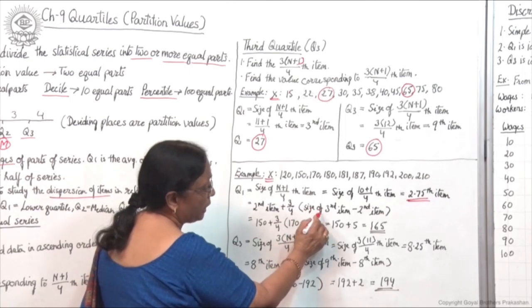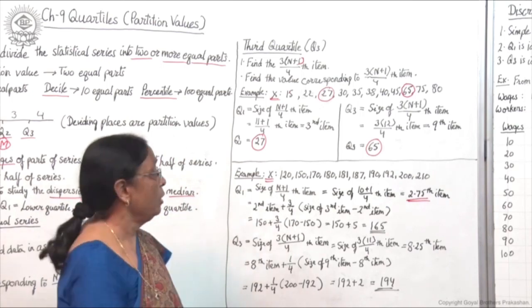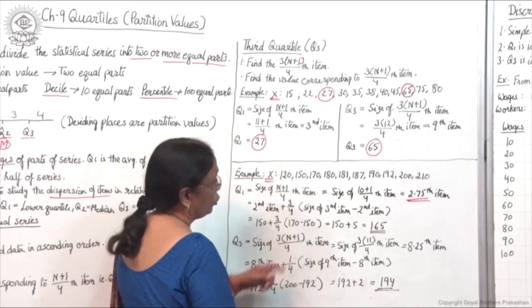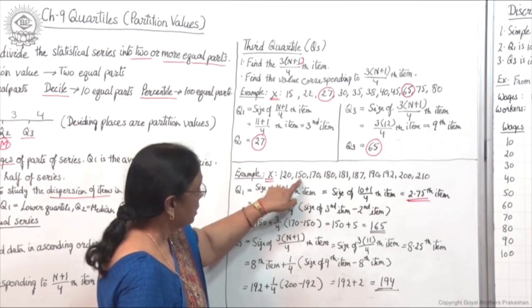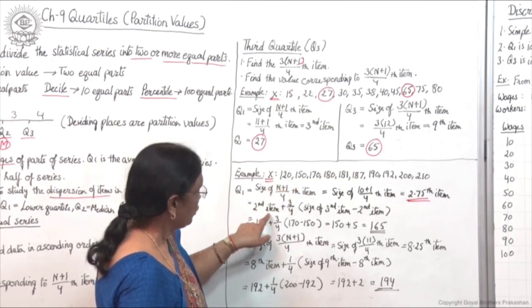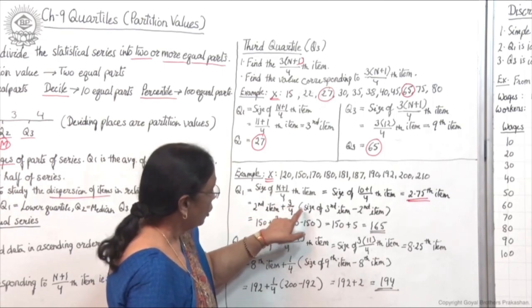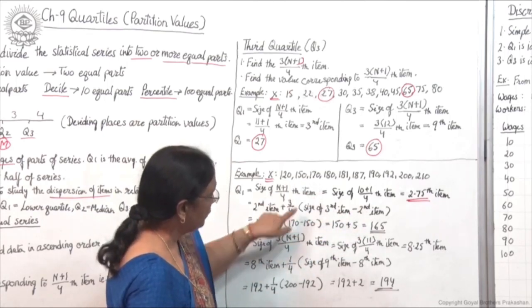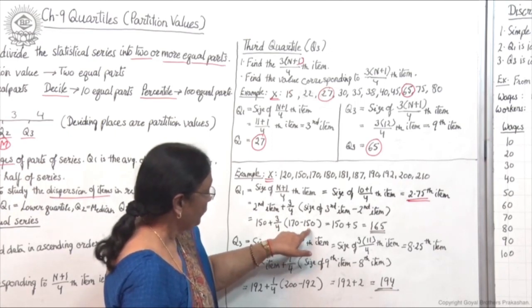Now this will be 3 upon 4 of the third item minus the second item, right? So 170 minus 150. Here the second item is 150. So in place of this write down the second item 150 plus 3 upon 4 of the third item minus the second item. The third item is 170, the second item is 150. So 170 minus 150, how much is this? 20, right?